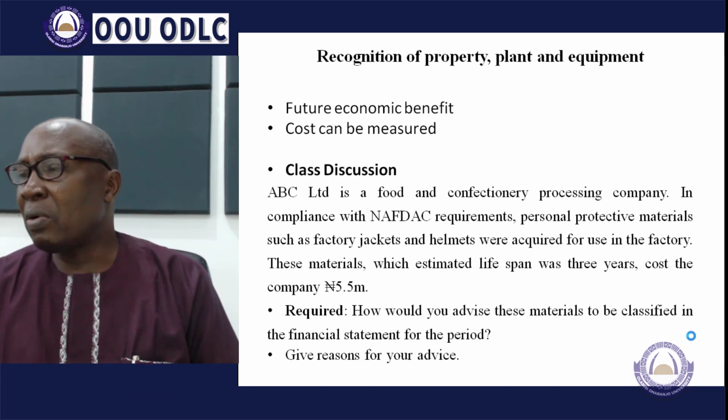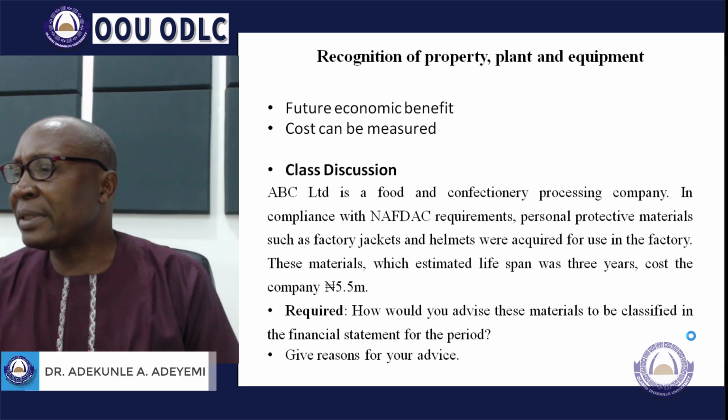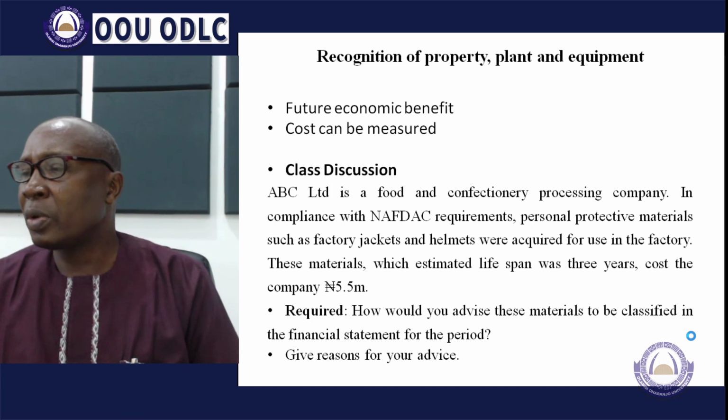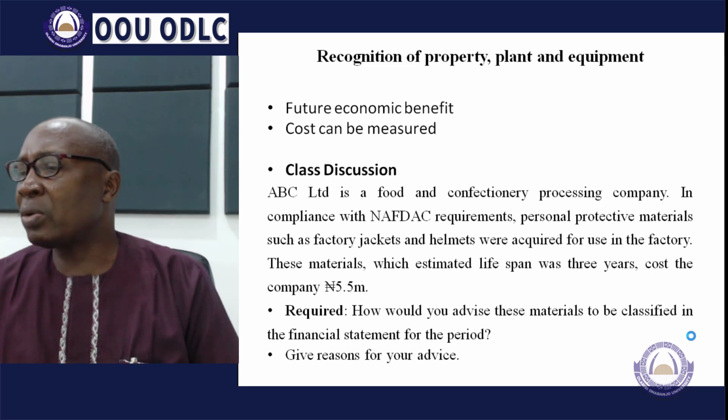In general, therefore, administrative costs and other general overhead expenses are not part of the cost of an item of property, plant, and equipment. The recognition of costs ceases when the asset is in the location and condition necessary for it to be capable of operating in the manner intended by management.